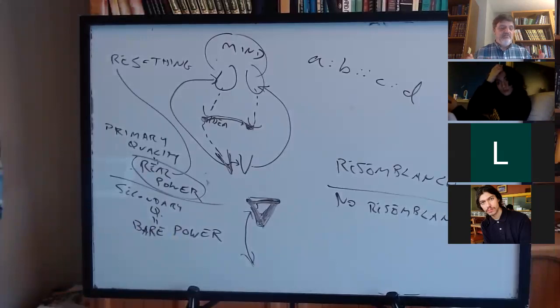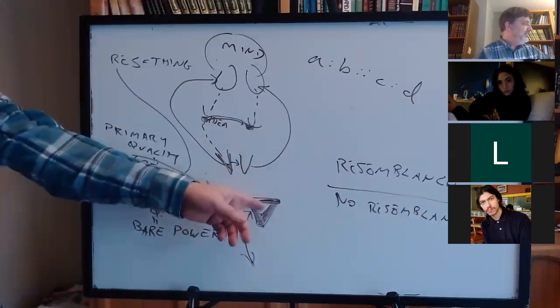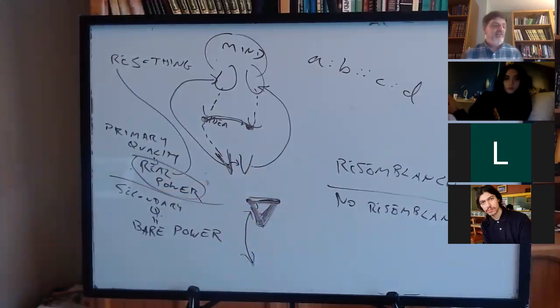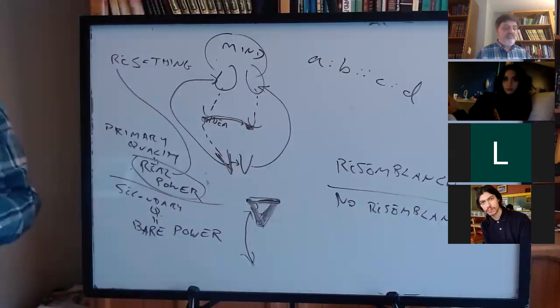So I can't say, and it doesn't even make sense to say, there's something in the external thing that looks just like my idea of a triangle. Looking like a triangle just means making me perceive this idea. But what I can say is, there's a one-to-one correspondence between certain things in my idea and certain things in the external object.